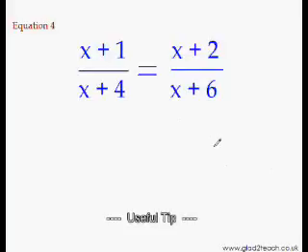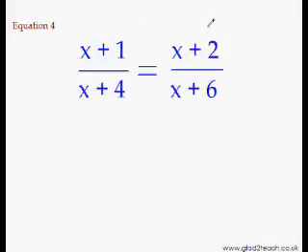Just now, we have solved this equation in a proper manner by putting the steps down. But then, if you are in a hurry, like in a competitive exam, you are racing against the time. So you can use this trial and error method that I'm going to teach you right now. If you look closely, you will find that this equation is made up of two fractions.